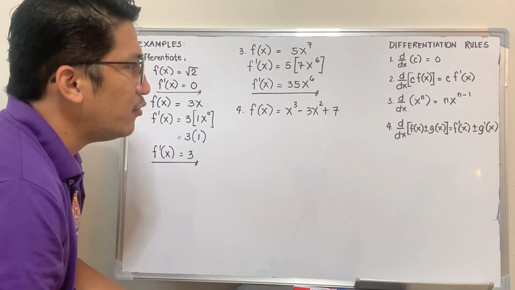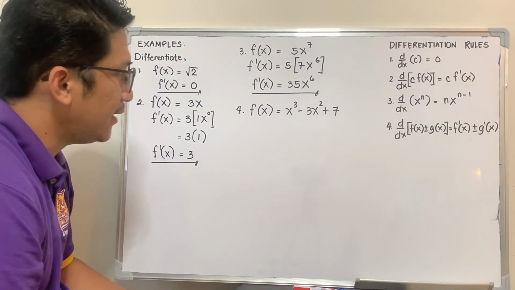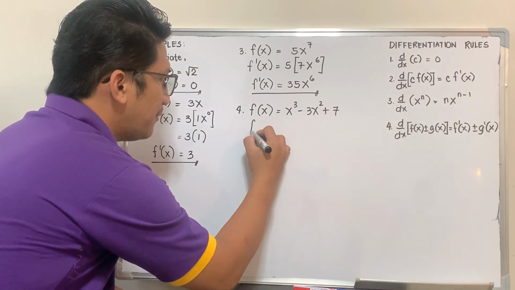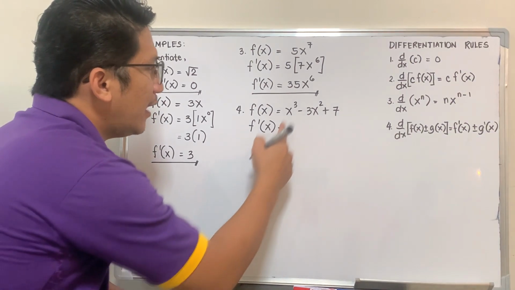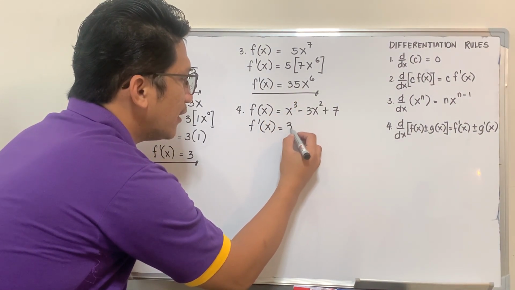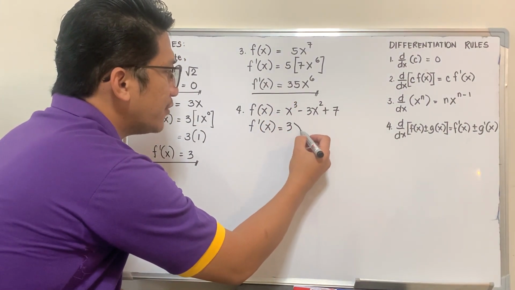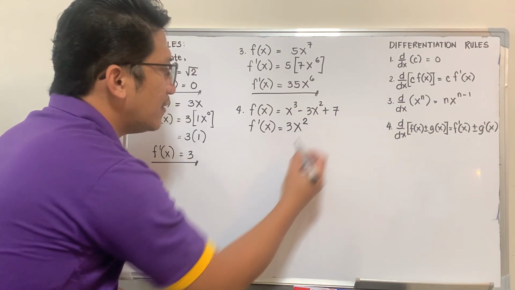What we do is we differentiate separately. So you will come up with f prime of x. You just differentiate. The 3 as exponent becomes the numerical coefficient, and then subtract 1, so you have x squared. Okay?